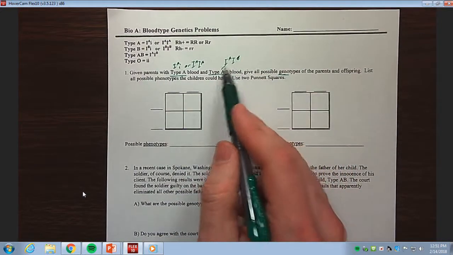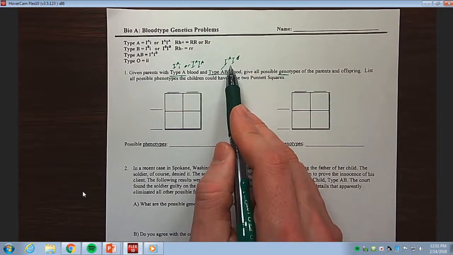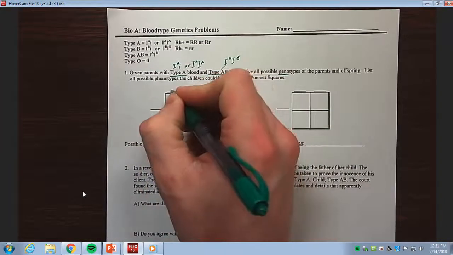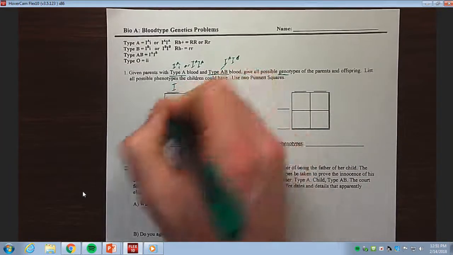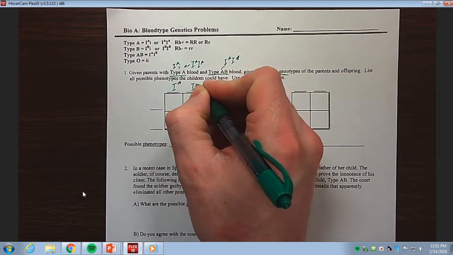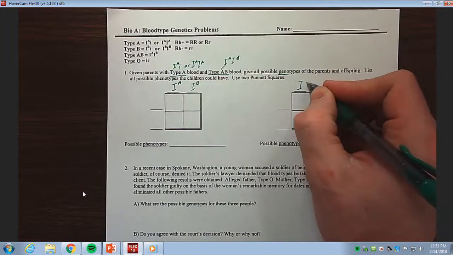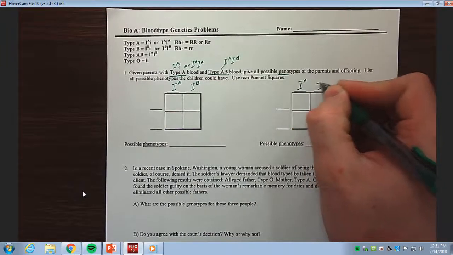So both Punnett squares are going to be having a parent with this genotype. Let's fill that in here. Let's put that on the top because that's the same. And it doesn't matter whether you put it on the top or the bottom, but just to be consistent, I'll put it here.